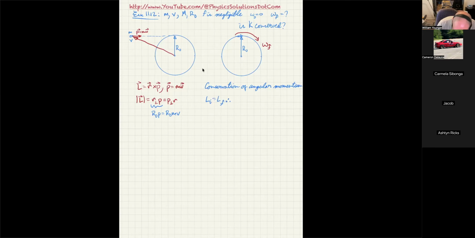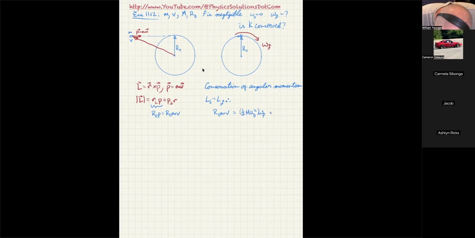So with that in mind, we can say that R0 times m times v is the initial angular momentum. After the fact, this is a cylinder, so it's going to be one half M R0 squared times omega final. That's the angular momentum that the cylinder has all by itself. But in addition to that is the bullet embedded in it, and that bullet is a particle.